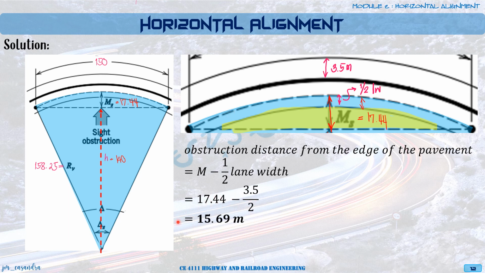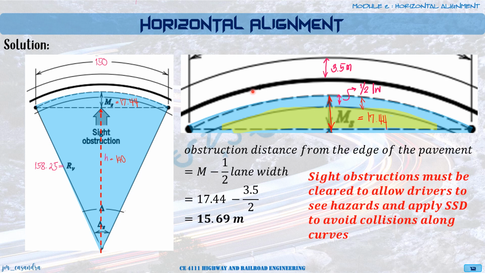Gaano kalayo dapat yung mga bushes from the edge of the road. Meaning, side obstructions now here must be cleared in order to allow drivers in our critical lane to see the hazards and therefore apply an SSD to avoid collisions along our curves.